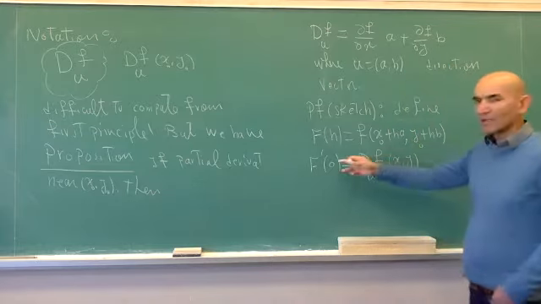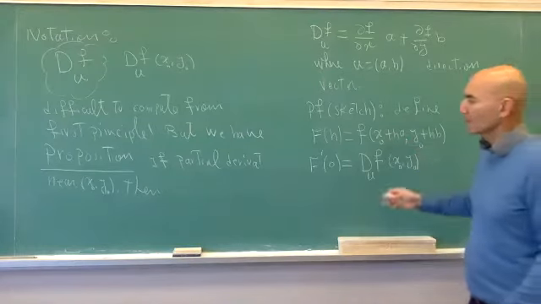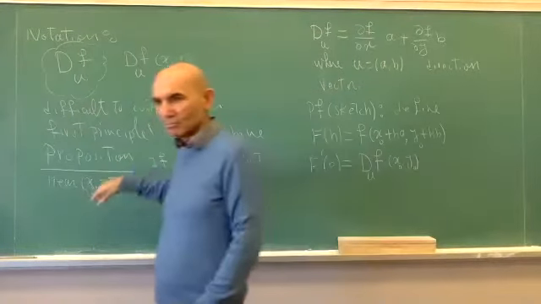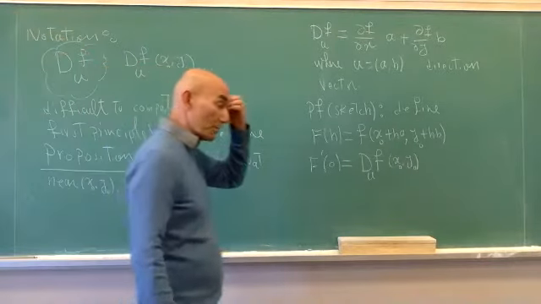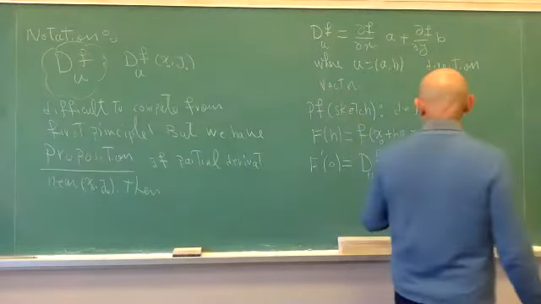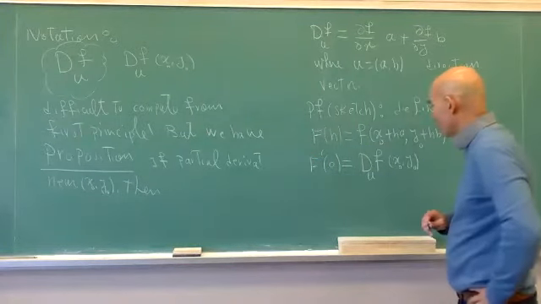Because if you write down the definition of F prime at 0, you notice you get the same difference quotient as in the original definition. So F prime of 0 is equal to that.